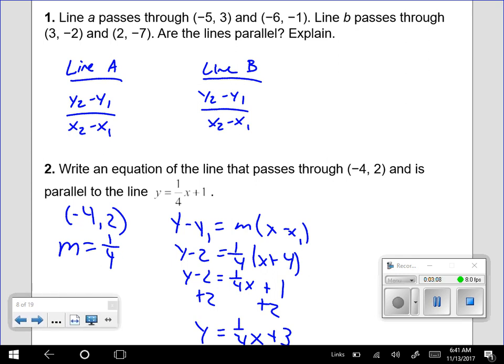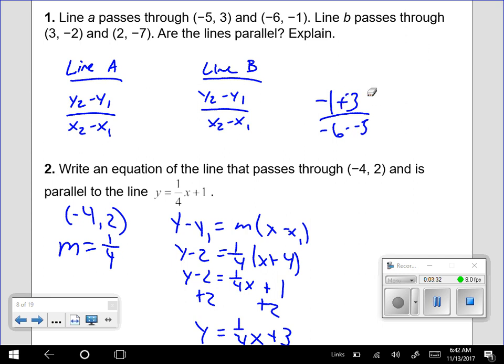We skipped over this example, but we would easily be able to find if the lines were parallel just by using y2 minus y1 over x2 minus x1. So I'll actually do it here so that you guys can see. We would have had negative 1 minus 3 over negative 6 minus negative 5.